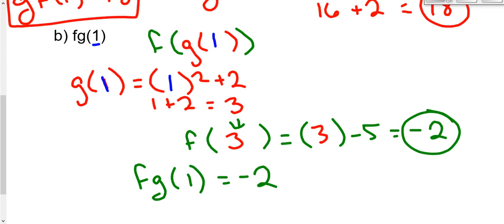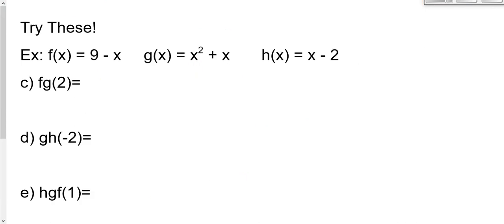So I found g of 1 first, and then I plugged that into f, and then I got my final answer. I have 3 questions for you to try. I would like you to try them in your notes using these 3 functions right here. F of x is 9 minus x, g of x is x squared plus x, and h of x is x minus 2.